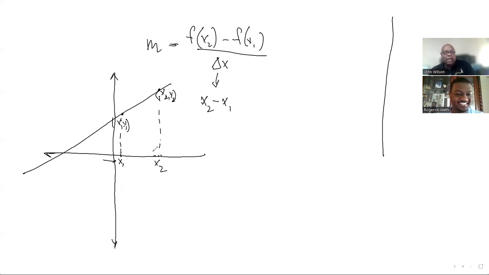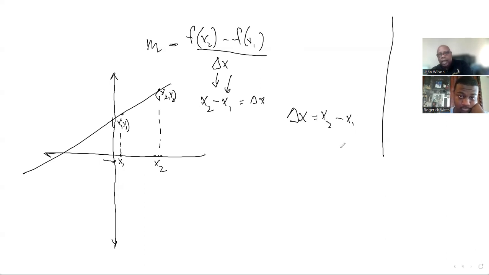So if I really wanted to be particular here, you say delta x is, like I said, x2 minus x1. But look what happens if delta x is x2 minus x1.